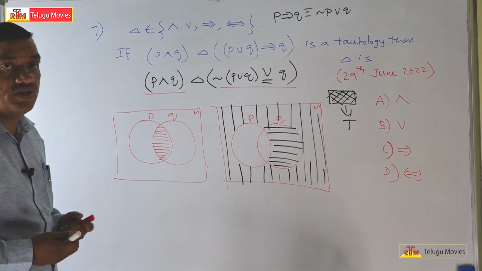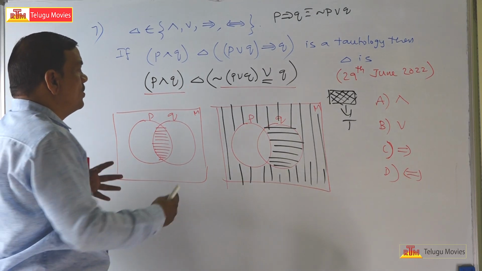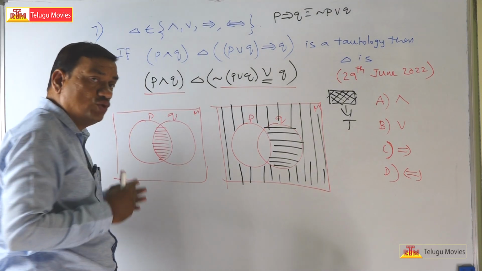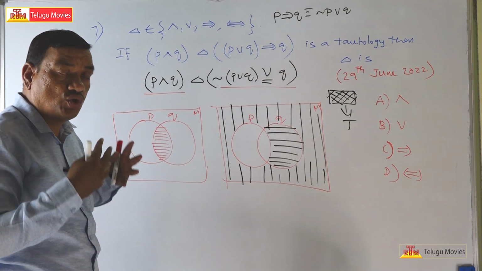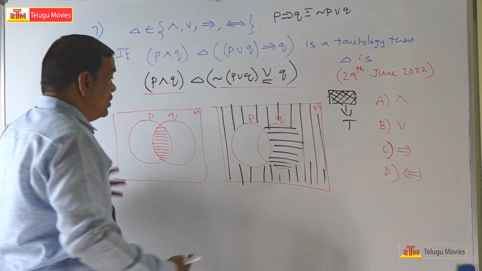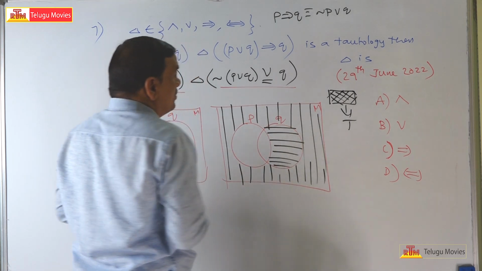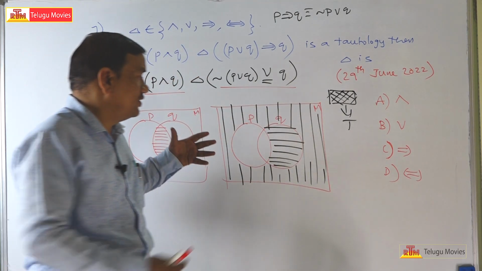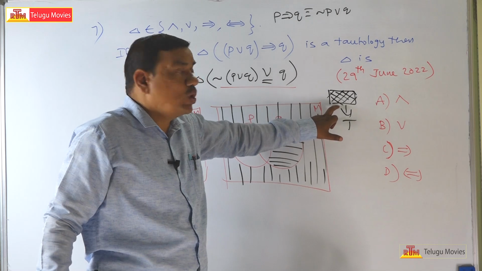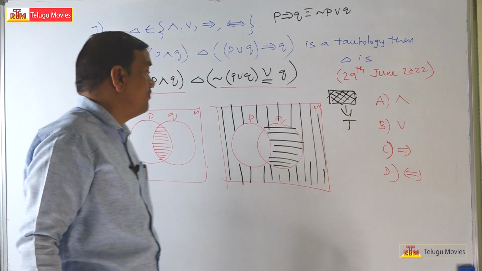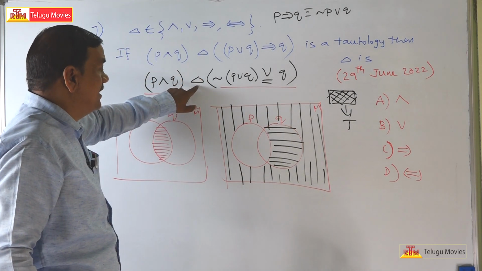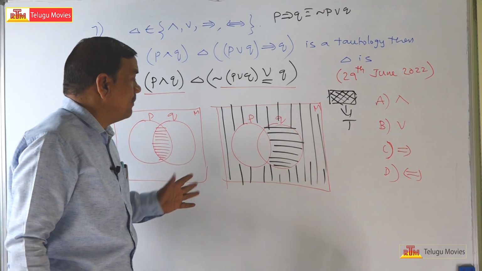So if you observe, if you superimpose these two Venn diagrams, the total part will be shaded. For example, if it is AND, what will be the common part?